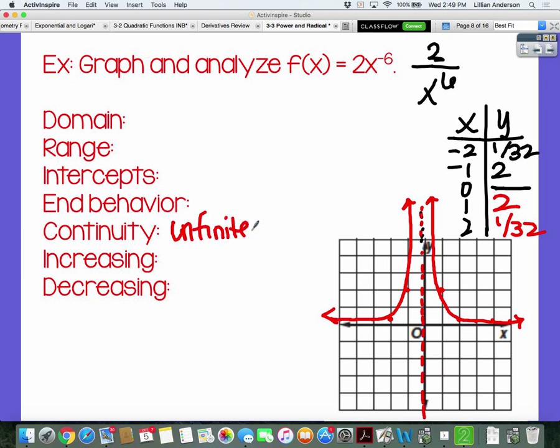At what x value? 0. So if there is a discontinuity at 0, that affects your domain. So my domain is not negative infinity to positive infinity. It's negative infinity to 0 and then 0 to infinity. So I need to join that with a union. And it's not going to be defined at 0.